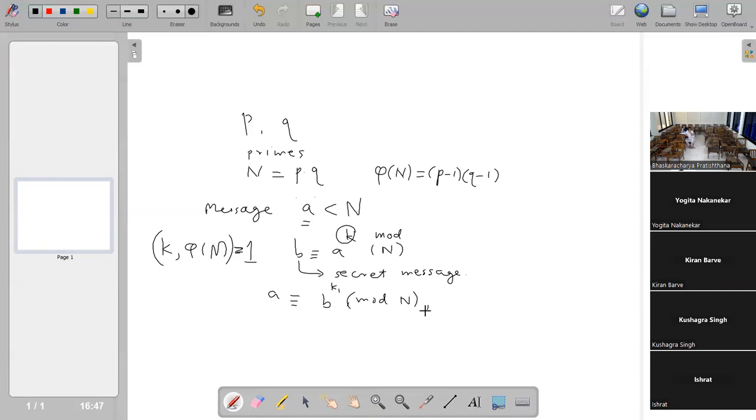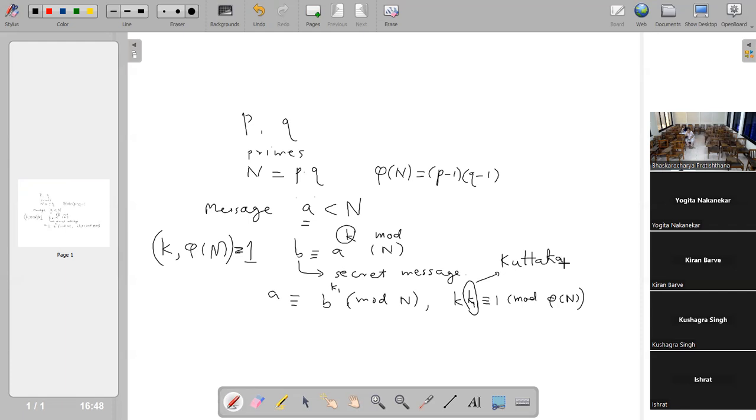K1 is obtained such that K into K1 is congruent to 1 modulo phi of N. Phi of N means P minus 1 into Q minus 1. So finding this inverse K1 you can do by the Kuttaka method.